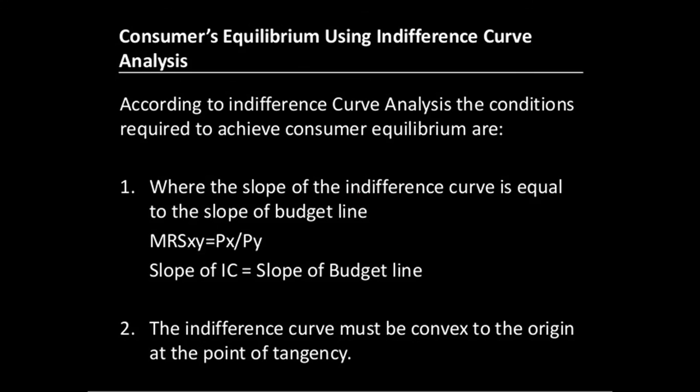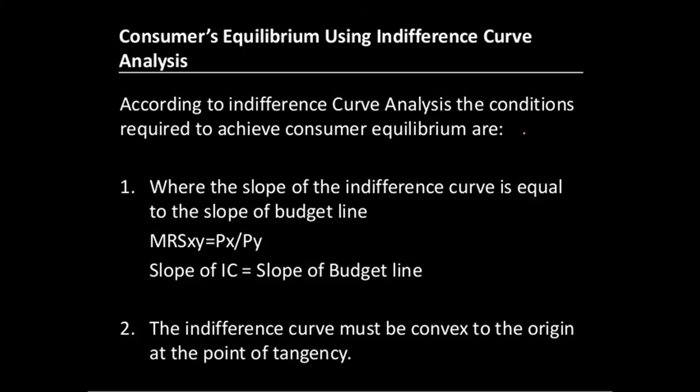According to indifference curve analysis, there are 2 conditions required to achieve consumer's equilibrium, on the basis of which we can decide whether the consumer is in equilibrium or not. Earlier it was utility analysis; now we are discussing indifference curve analysis. So what are the conditions? The first condition is where the slope of the indifference curve is equal to the slope of the budget line.